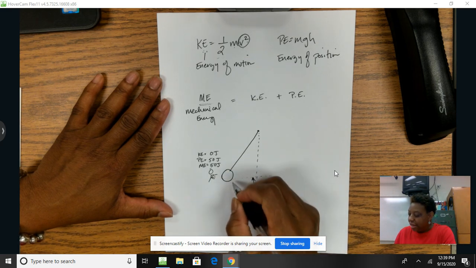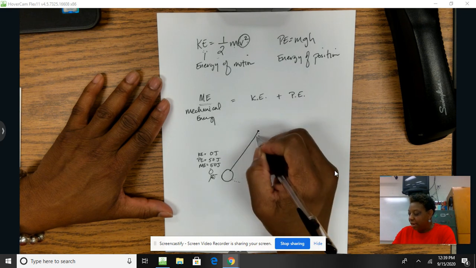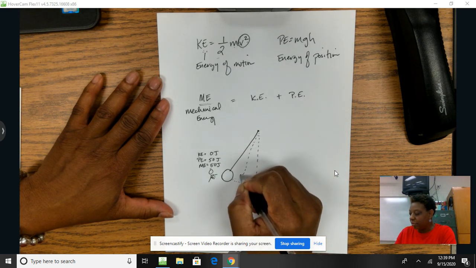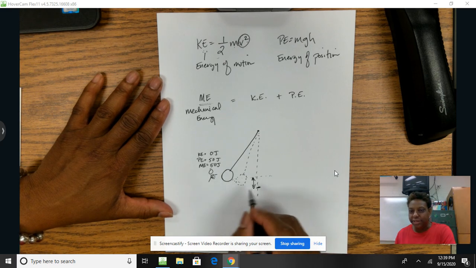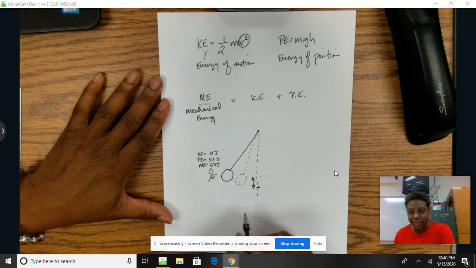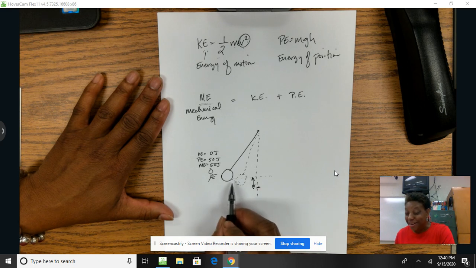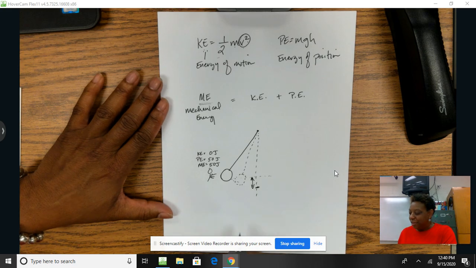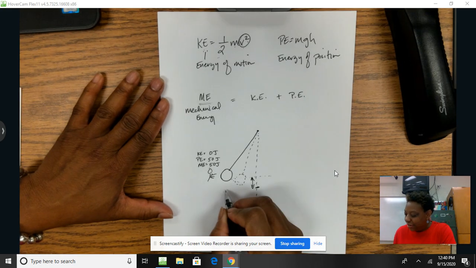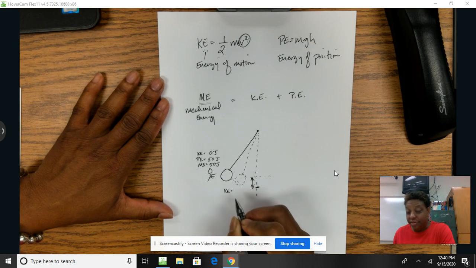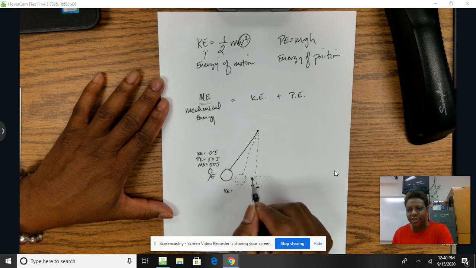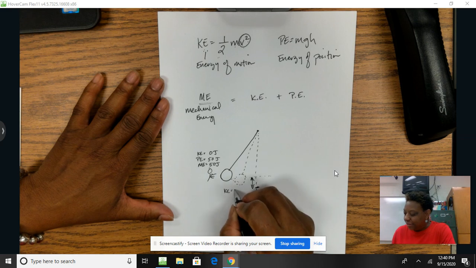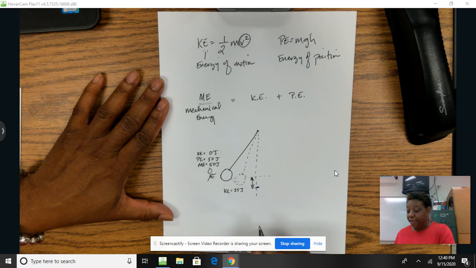So let's say they let it go and it tracks to about right here. Okay, so let's pretend, because that's poorly illustrated, that that's the halfway mark. So if it's halfway, and it's moving, then when it reaches the halfway point in its motion, we can say it has 25 joules of kinetic energy.